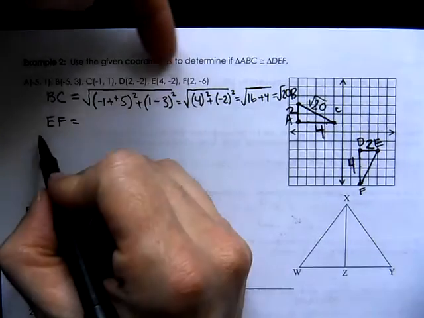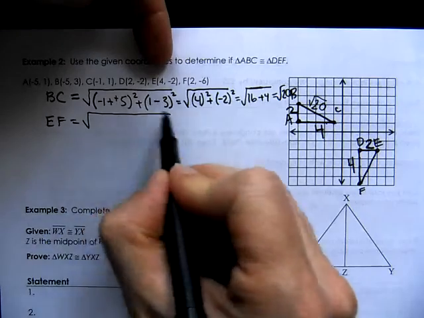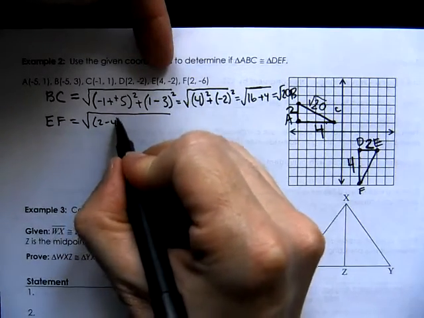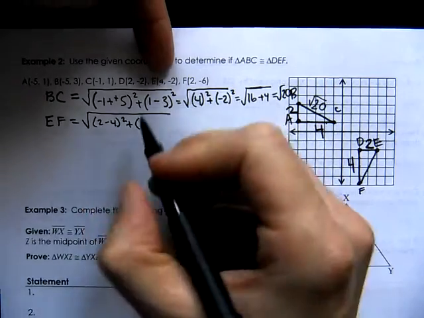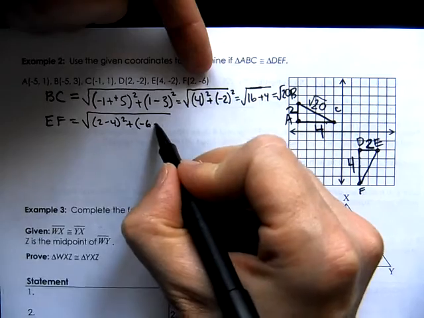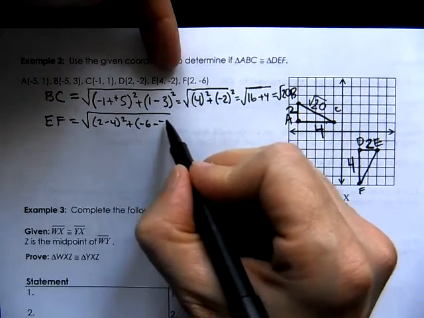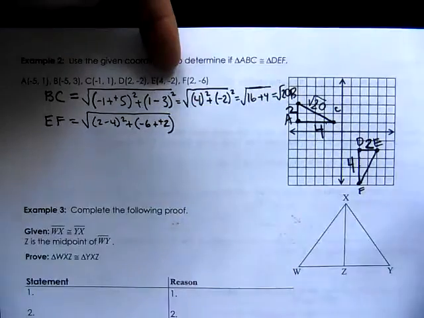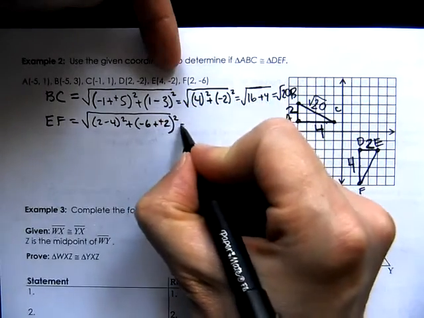The length from E to F then, square root of, those x coordinates are 2 and 4, so 2 minus 4, square the result, add to that. Subtract those y coordinates. We have a -6 minus a -2. So again, turn that into adding a positive, and we'll square that result.